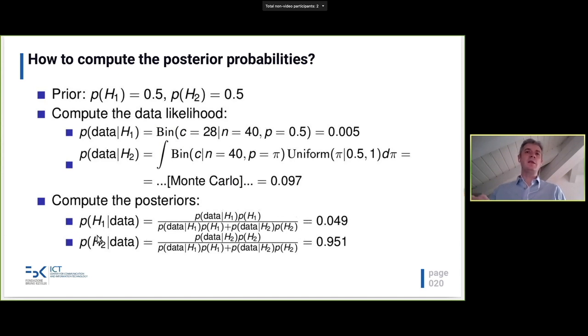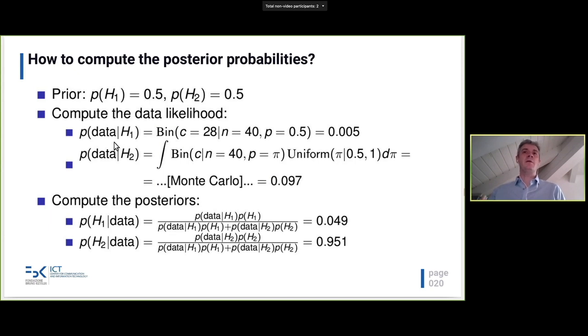And as you can see, there is one for the first hypothesis and one for the second hypothesis. So the elements that we need in order to compute this formula are the prior probability, you may remember, 50% for one hypothesis, 50% for the other hypothesis, and the data likelihood. But this time, of course, computed with the observation, with the data that we collected from the experiment, the 28 correct predictions.